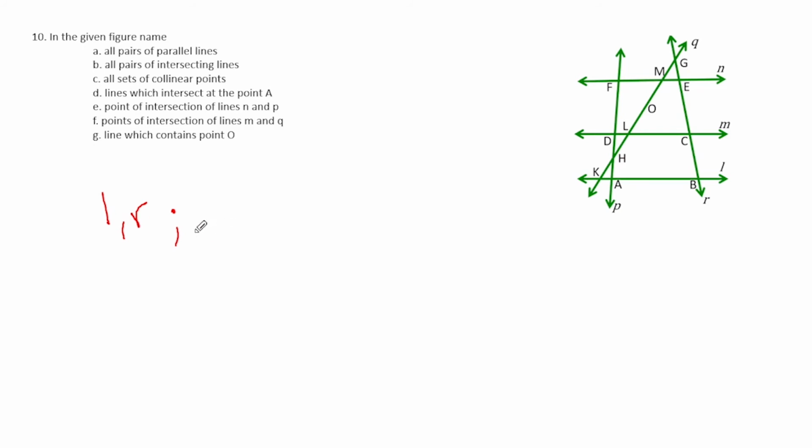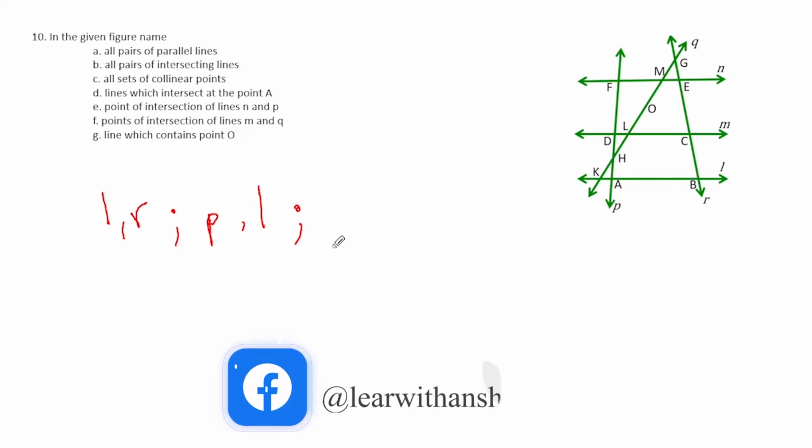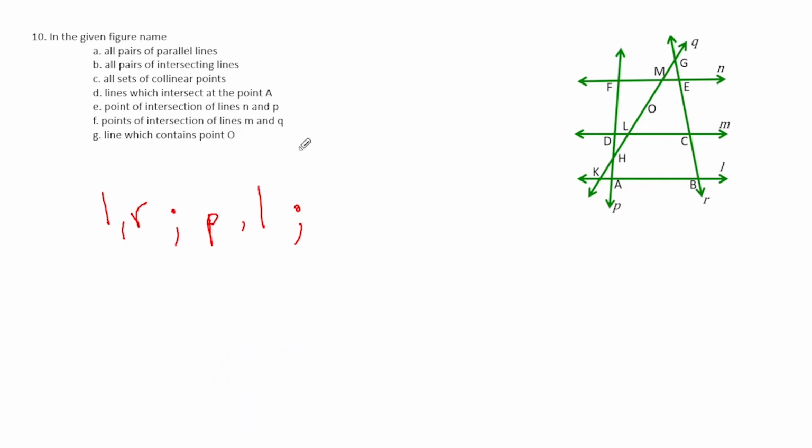So we have P and L. Then we have L and Q. So L is intersecting with Q, and D again here is the point of intersection. So L and Q. And like that, we are going to complete everything.